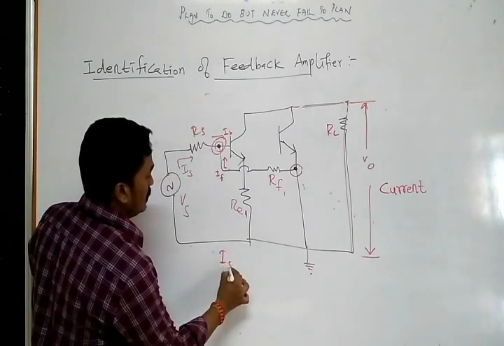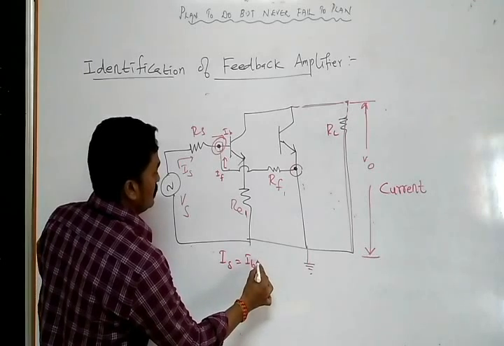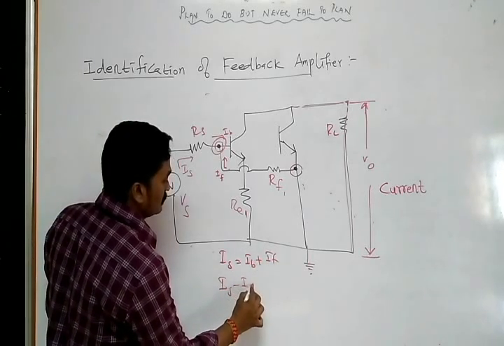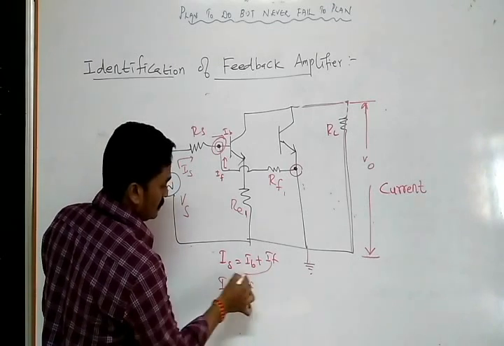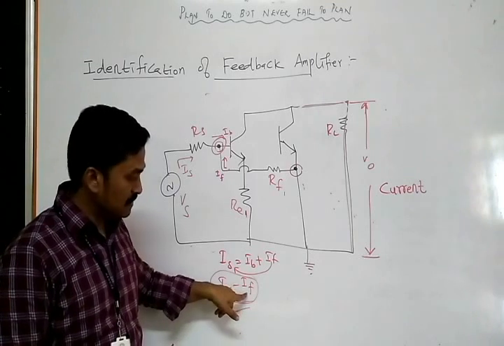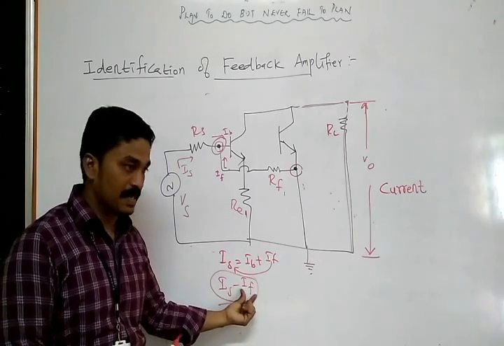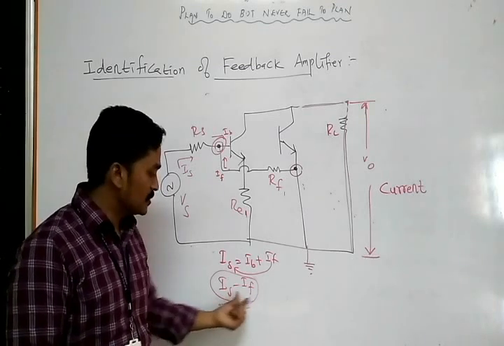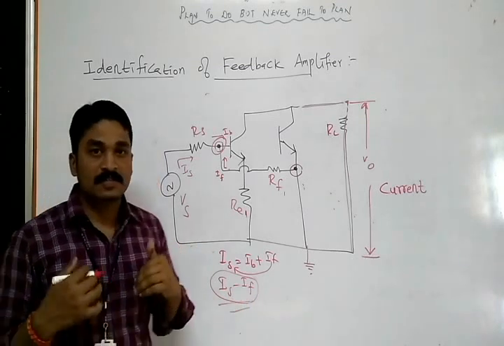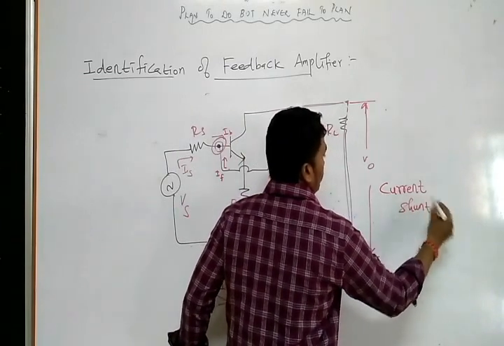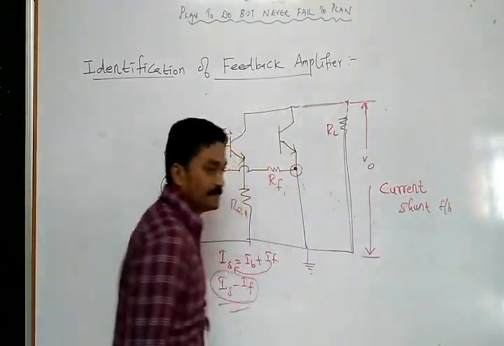Then IS equals IB plus IF, or in other words, IB equals IS minus IF. If we bring this to this side, we get this term, which means IS minus IF. This feedback signal is subtracted from the source as a current. So this is called the shunt connection. So this is actually a current shunt feedback amplifier.